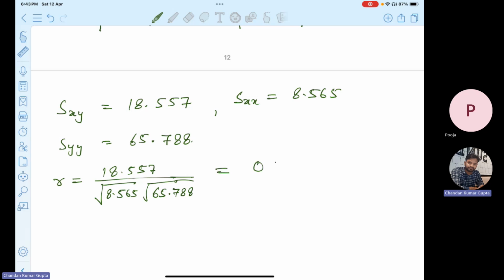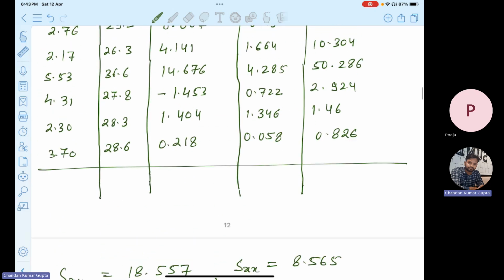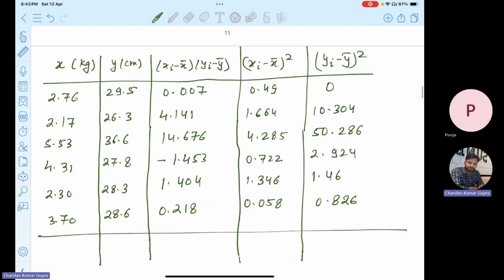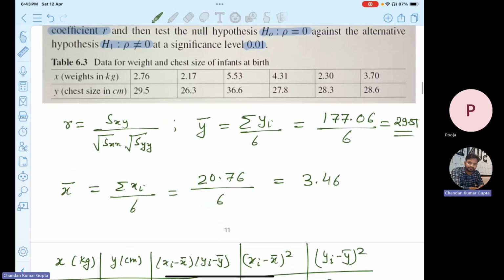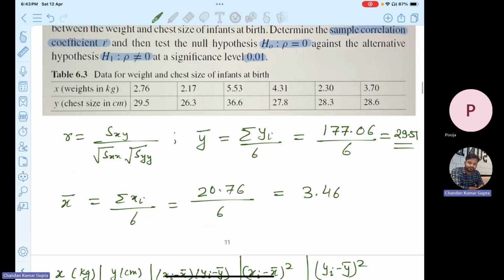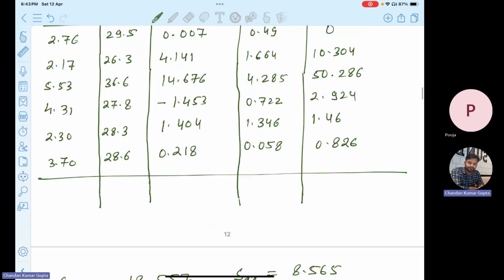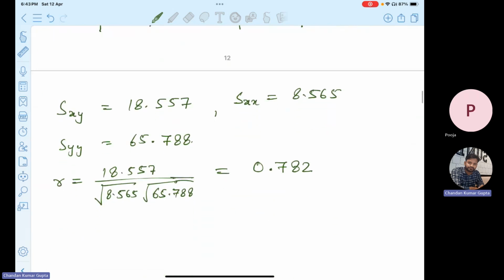You will find 0.782. So that means 78.2% correlation exists between the data we are given. The question is about the weight in kgs and the chest size in centimeters of infants. So there is 78% association between those data.